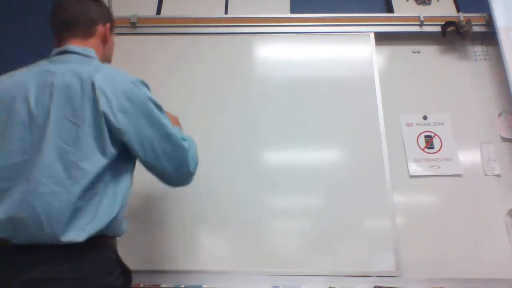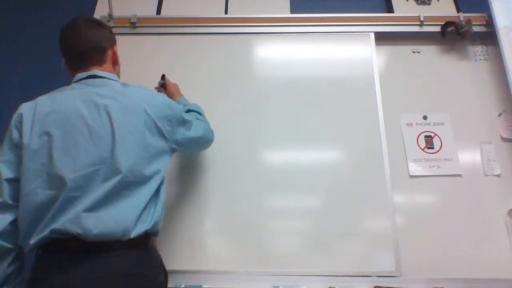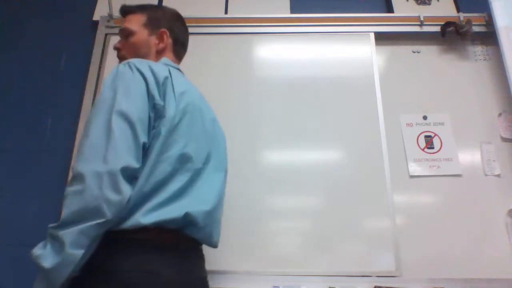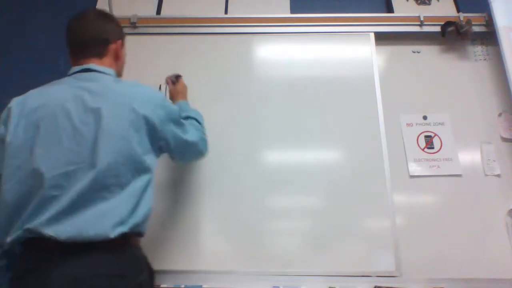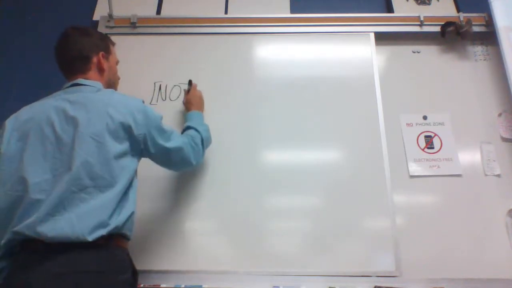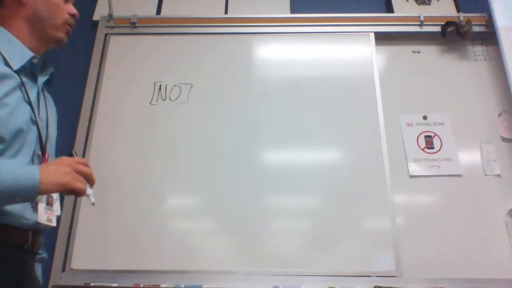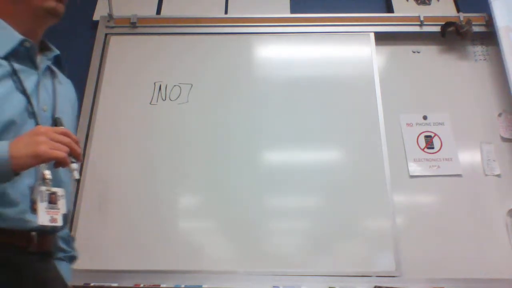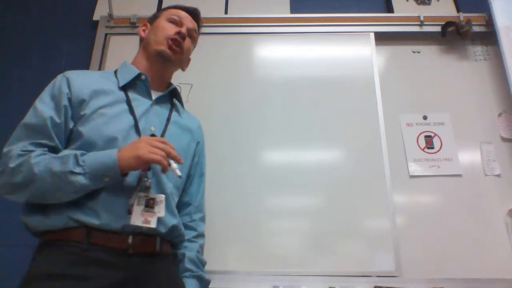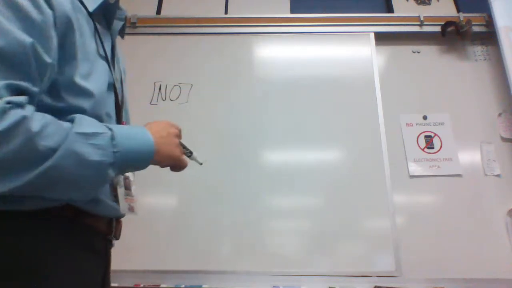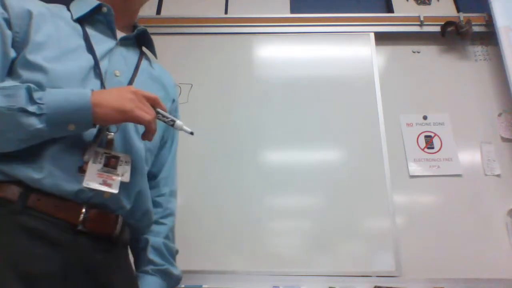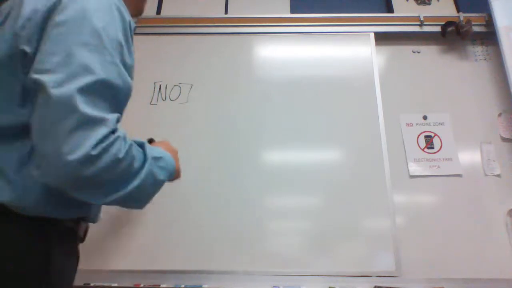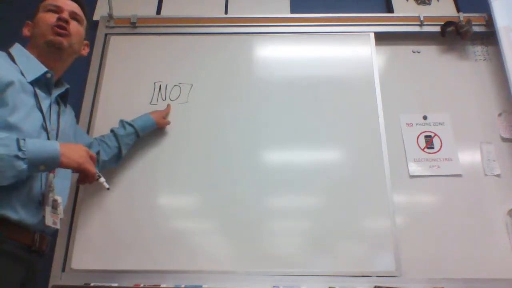So if we're going to look for NO, trying to find the order of it, I want to find the 2 trials where H2 didn't change. H2 didn't change during trials 3 and 4, so I'm going to use NO data from those 2 trials.